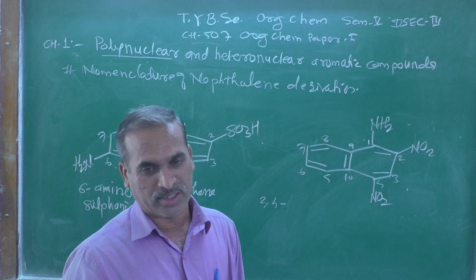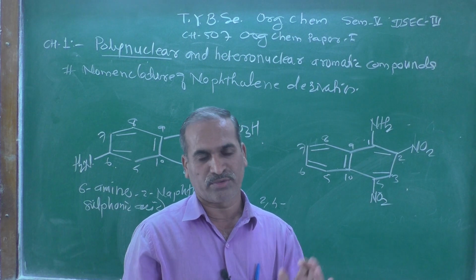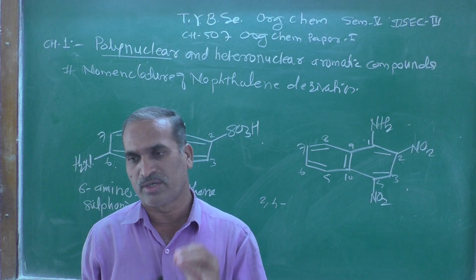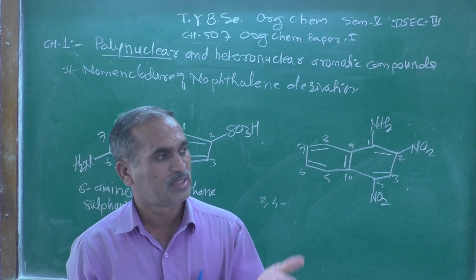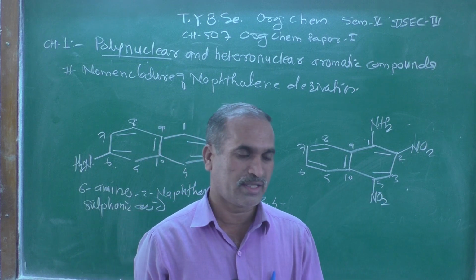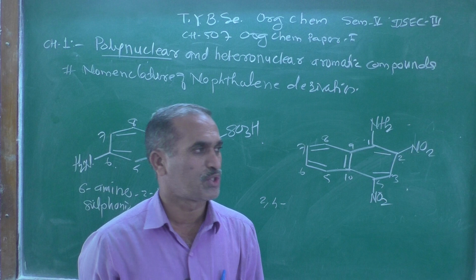According to IUPAC, the prefixes are used like this. If only a single one is present, we call it mono. 2 are there, di, 3 tri, 4 tetra, and so on.